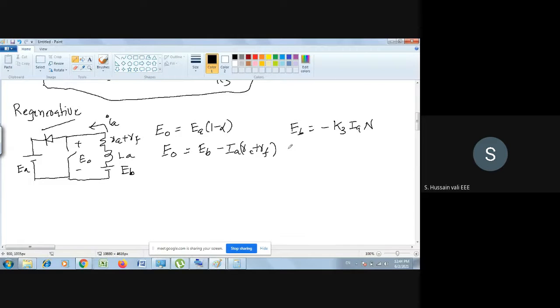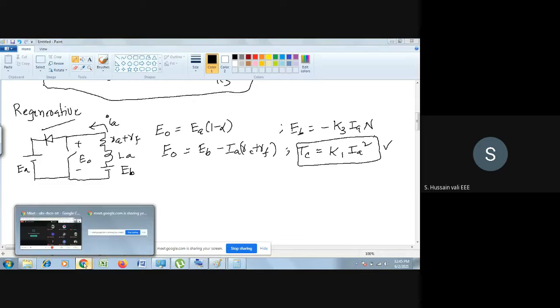And then the second thing is the electromagnetic torque, you have one equation K1 into IA square. What you must understand here is that even if IA becomes negative, as this is IA square, this remains positive. This does not change because IA square is there. It's not IA, it's IA square.